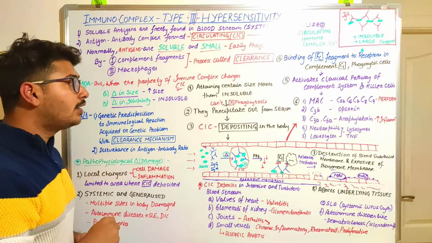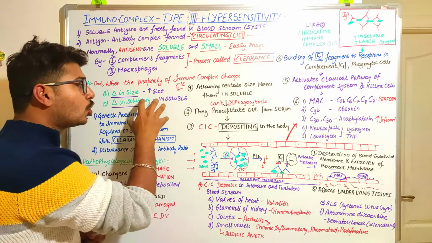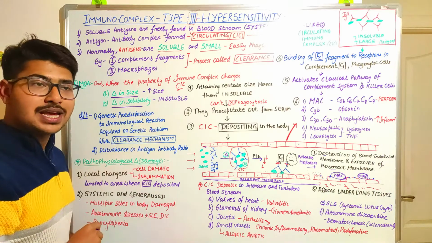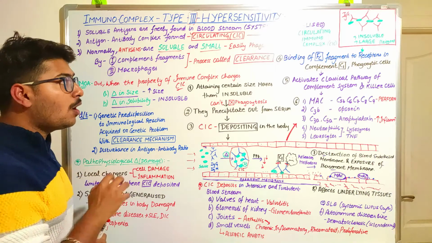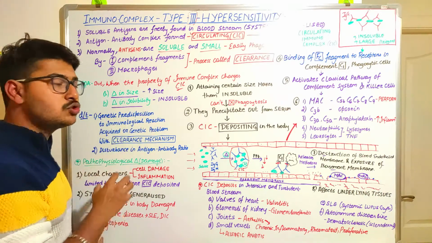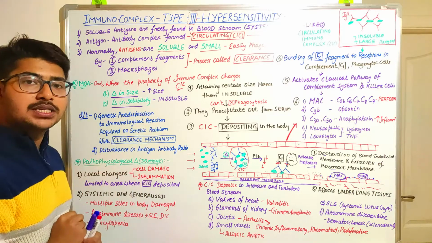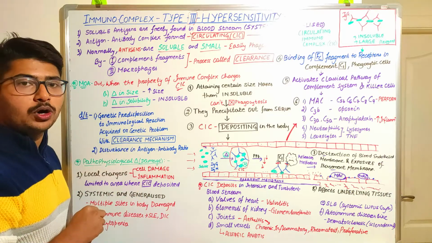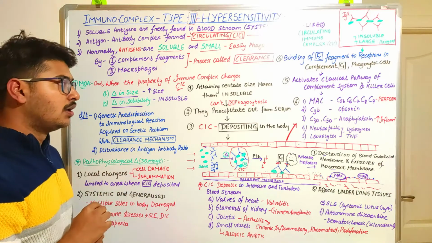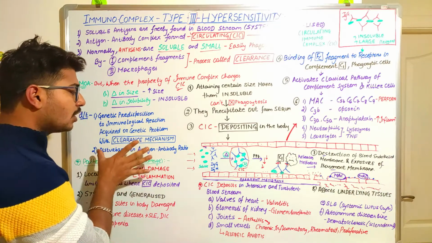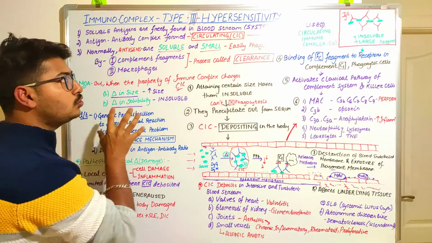That means it will persist, and it will no longer be phagocytosed by the normal process of phagocytosis. So our body needs extra mechanisms to clear these antigen antibody complexes circulating in the whole body. That is the reason why it is known as generalized or systemic.